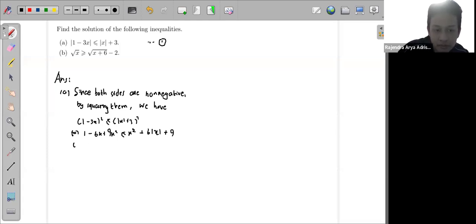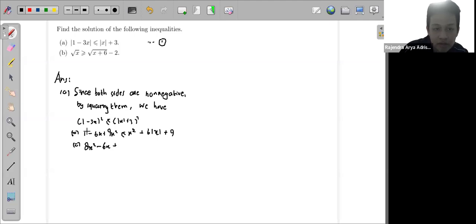Simplify them. We have the x squared term. We have 9 here. We have 1 here. So we subtract x squared from both sides. We get 8x squared. And we have only 1x here, one term of x, I mean.